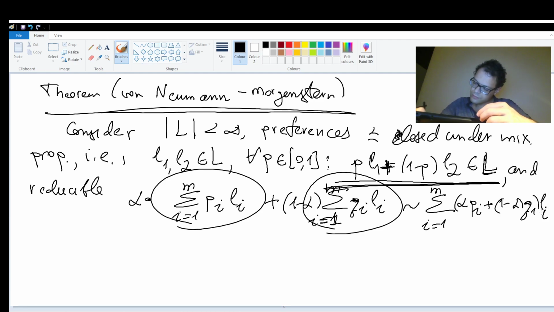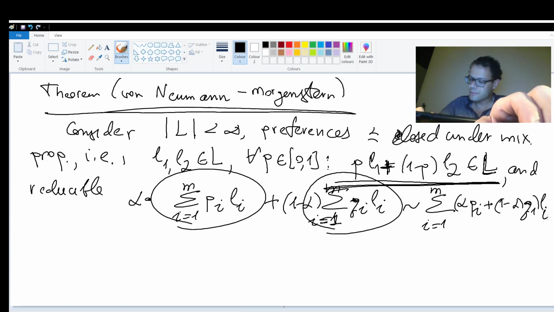So we can always get back to the more basic lotteries. We can always eventually talk in terms of basic outcomes. That's another necessary thing we need to work with lotteries.